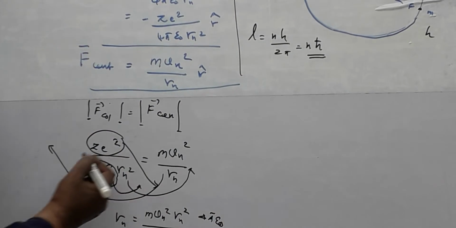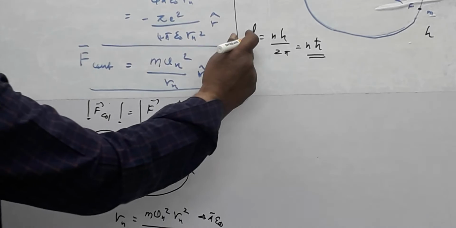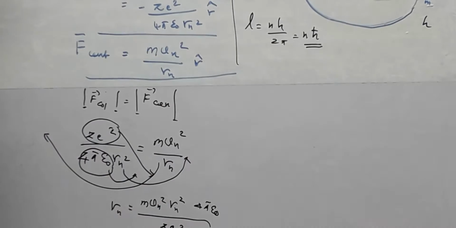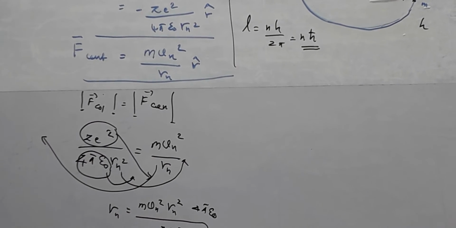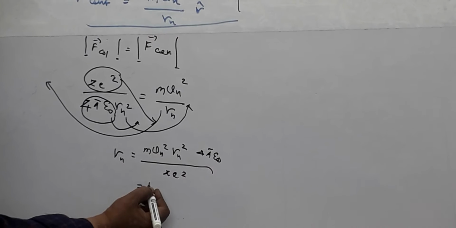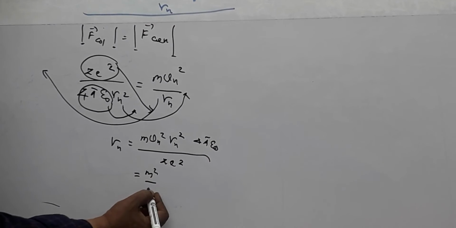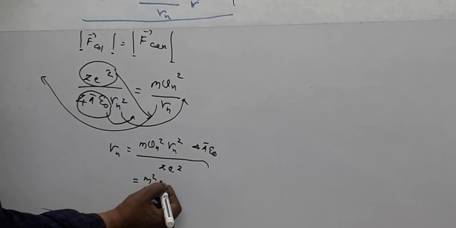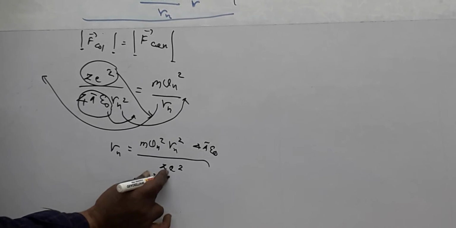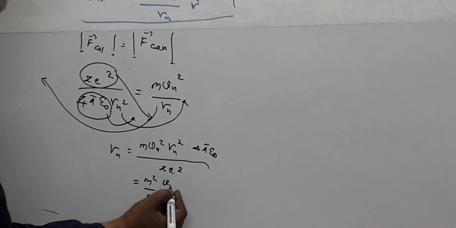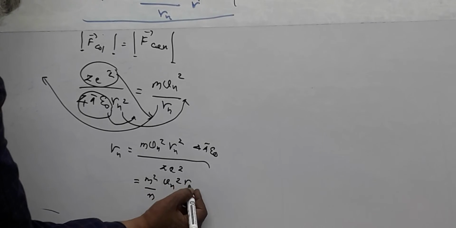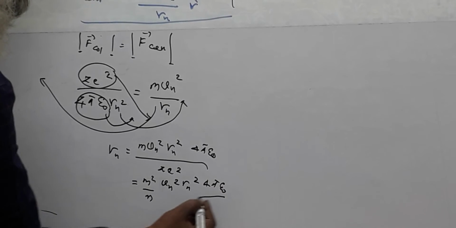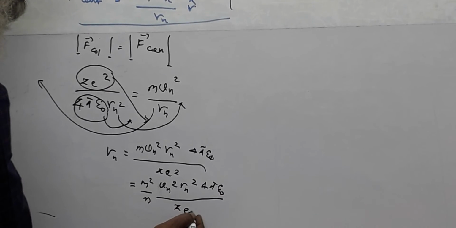We already explained in the last class that the angular momentum of the electron is a multiple of h bar, which is h by 2 pi. That's why I can multiply by m square, then m cancels, then again v square, velocity squared, n square, rn square, 4 pi epsilon naught divided by z e square.